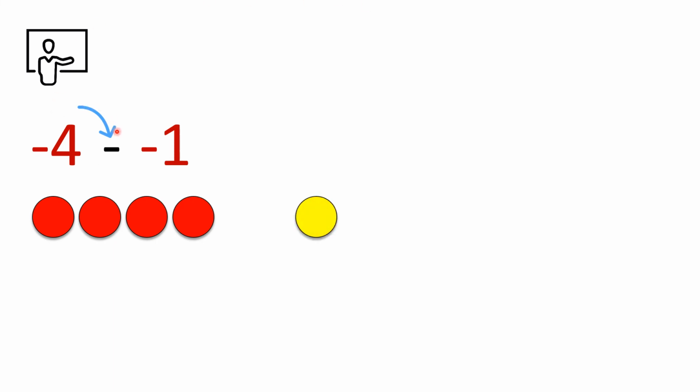Remember that minus there is really indicating changing the sign. It really means flipping. So we have -4 minus, or flip, the -1. So I've flipped the -1, here it is, it's a +1, and then we're going to simplify that. We have a 0 pair there, and the answer is -3.